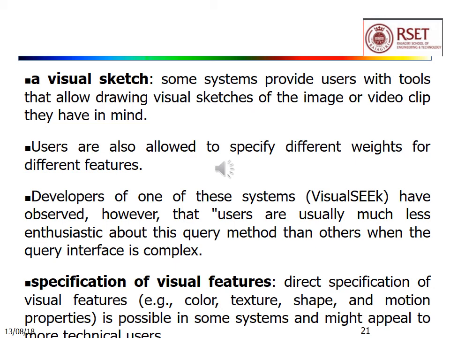Users are usually much less enthusiastic about this query method than others when the query interface is complex. The next one is the specification of visual features. The direct specification of visual features like color, texture, shape and motion properties is possible in some systems and might appeal to more technical users.